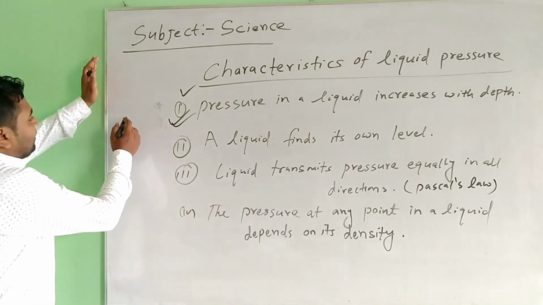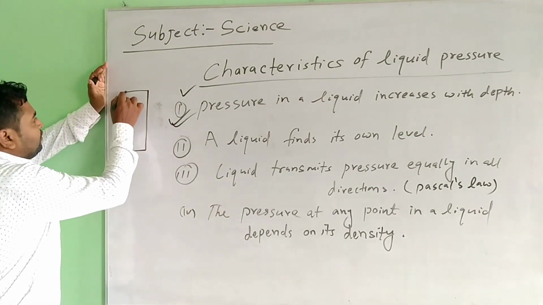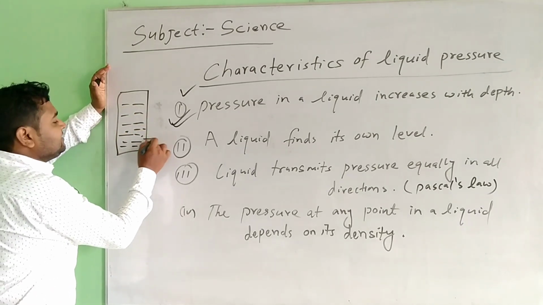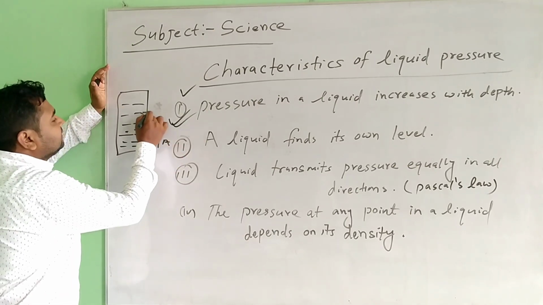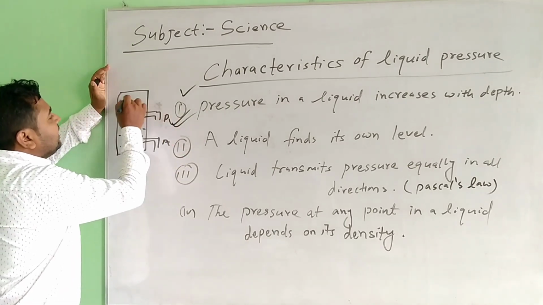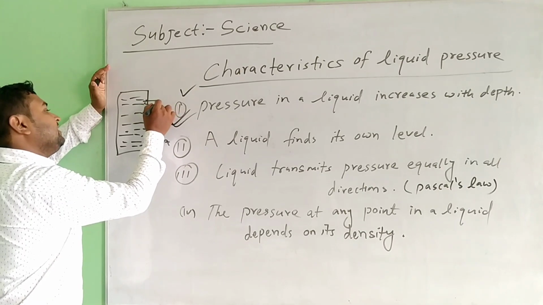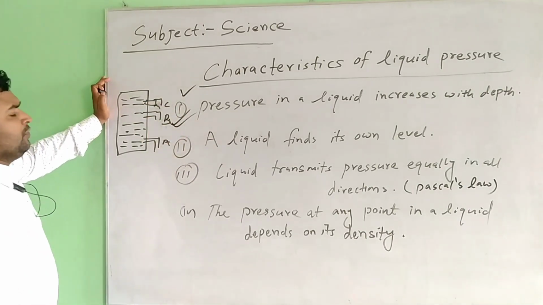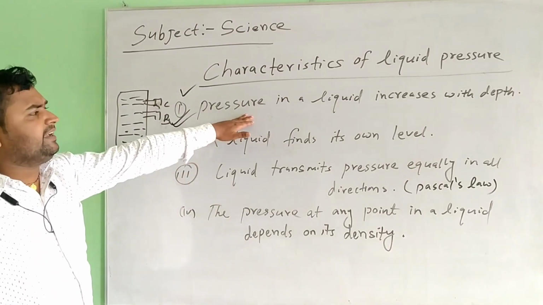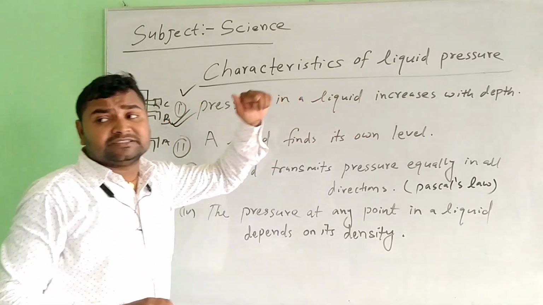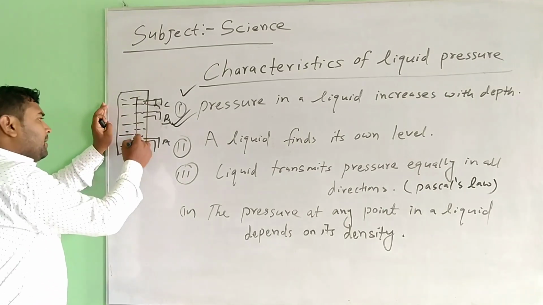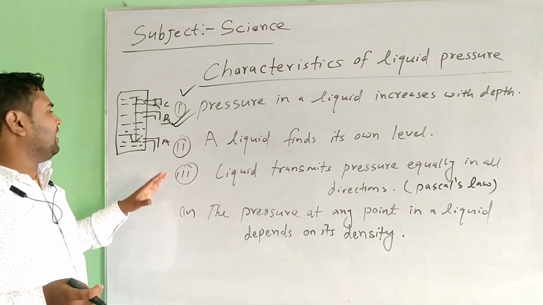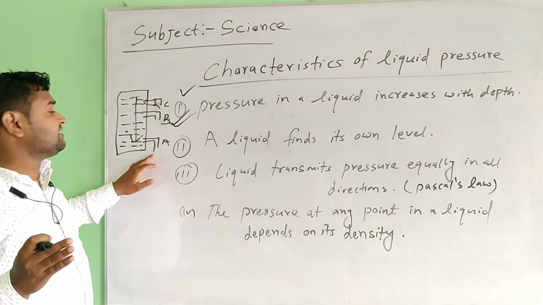Now take one container which is filled with water. Here there is tap A, tap B and tap C. The statement is that the pressure in a liquid increases with depth. So in which tap, A, B or C, is there more water and more pressure?